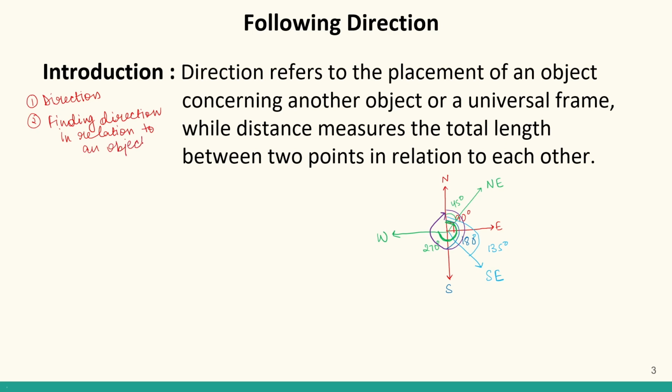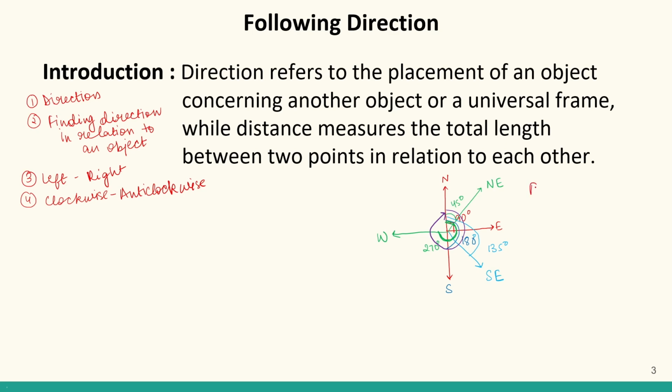That is the second concept. If A is to the north of B, that means B will be to the south of A. Then we discussed the basic concept of left and right, and similarly the basic concept of clockwise and anti-clockwise. These four concepts we discussed.